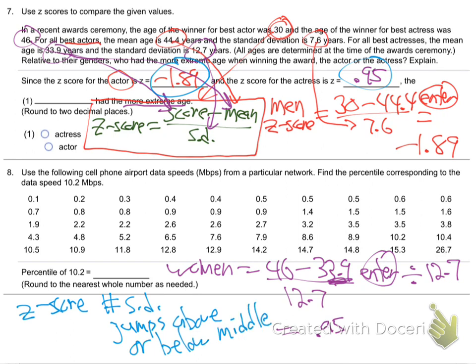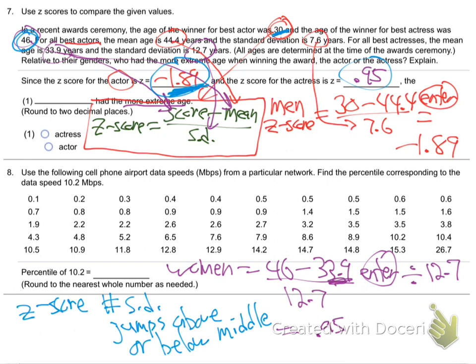So the minus 1.89, that's almost minus 2. That means the man who got the award for Best Actor this year, being only 30 years of age, below the average age they usually get the award for Best Actor, is almost 2 whole standard jumps below the middle, minus 1.89 standard jumps.